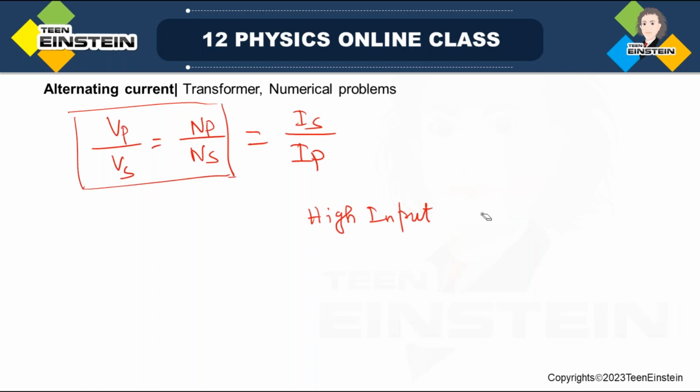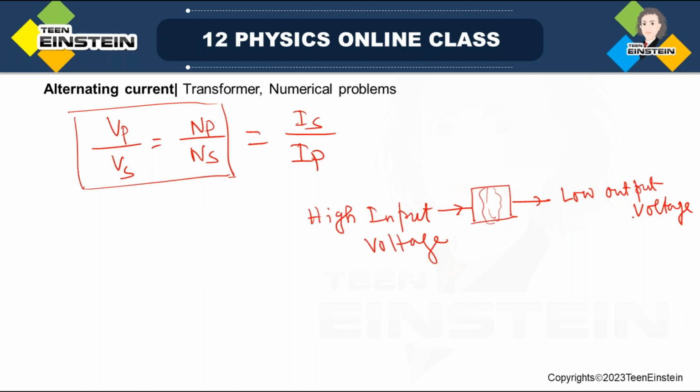I'm feeding this input to the transformer, and I want to get a low output, and here output means voltages. In terms of voltage, I get low.